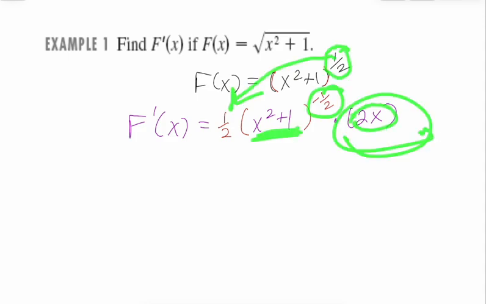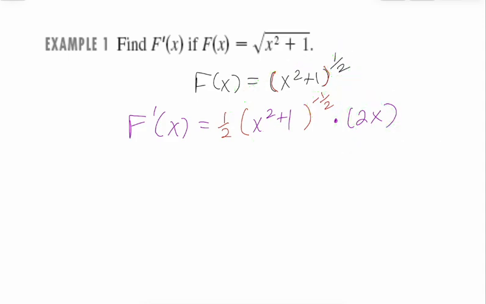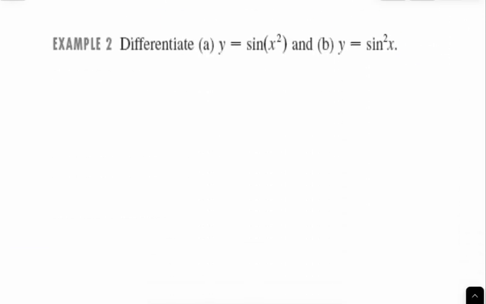Now, if this stuff had another layer of stuff stuck in it, we would do it again and again and again until the derivative is just a clear one-term thing, okay? So let's practice. So I'm going to write down A. And B, and I'm going to show you the distinct difference between the two of them.